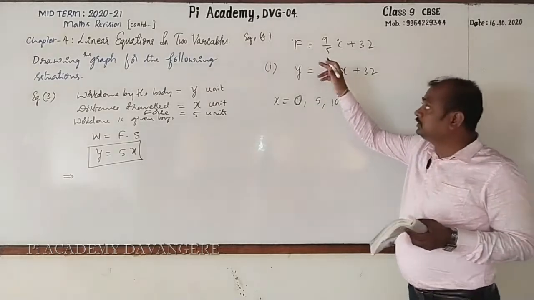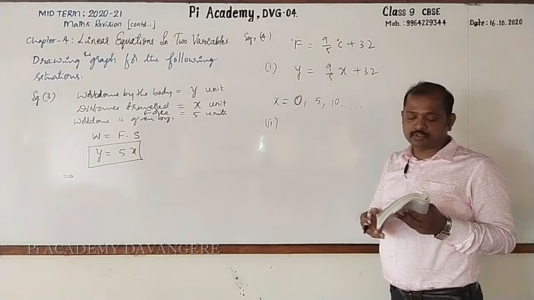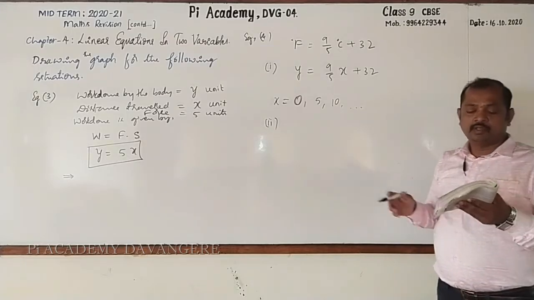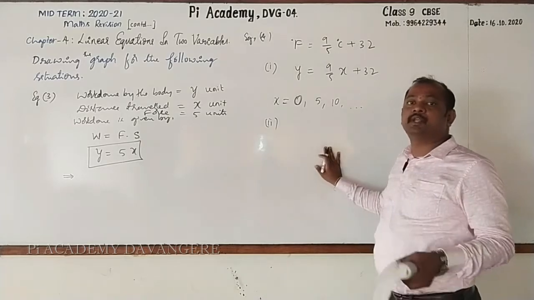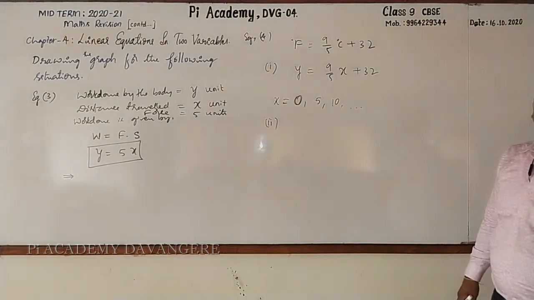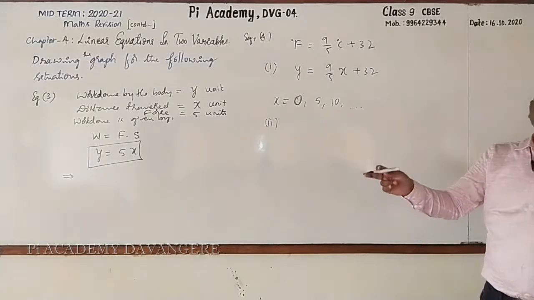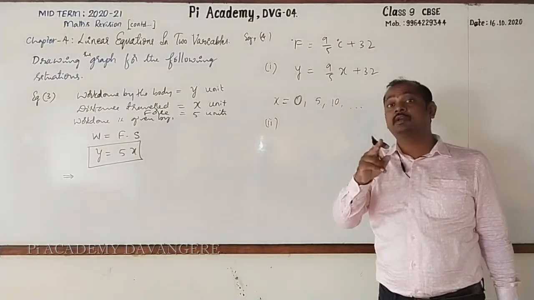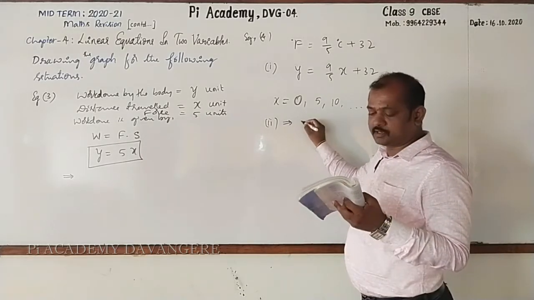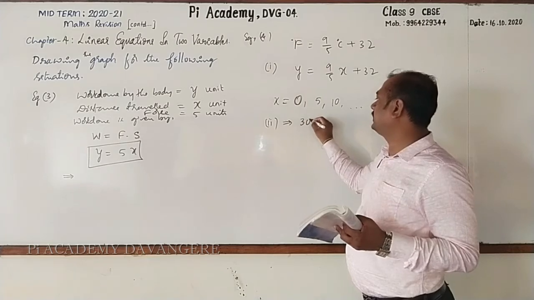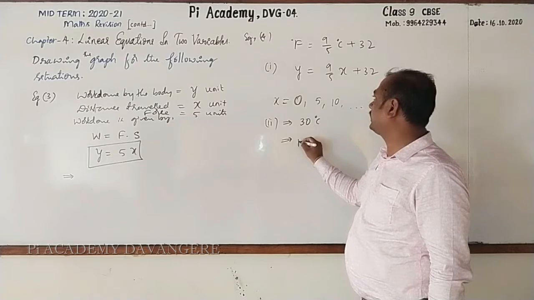And regarding the fourth one only, we have some more sub questions like this. If the temperature is 30 degrees Celsius, what is the temperature in Fahrenheit? Either they may expect calculation or they may ask you to find that by using the graph. If they ask you directly with a calculation, here temperature is given in degree Celsius, 30 degrees Celsius, then it should be converted into Fahrenheit.